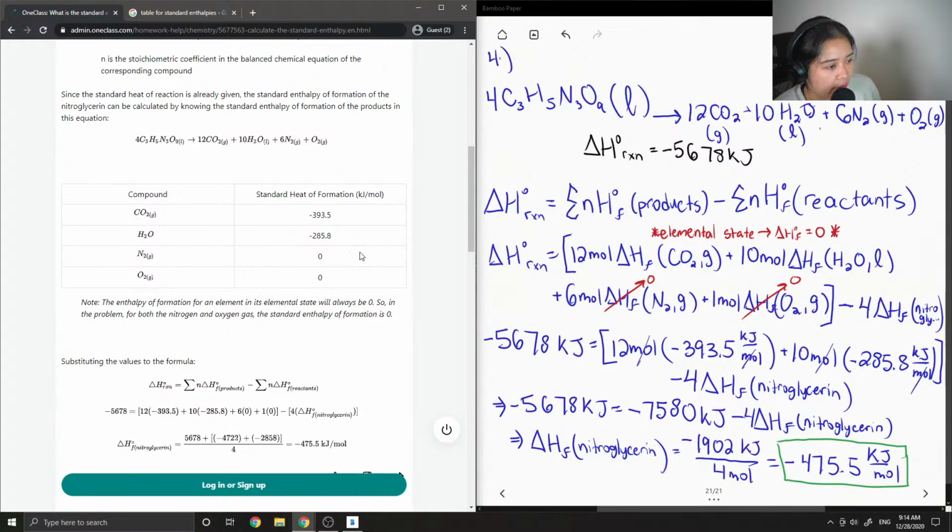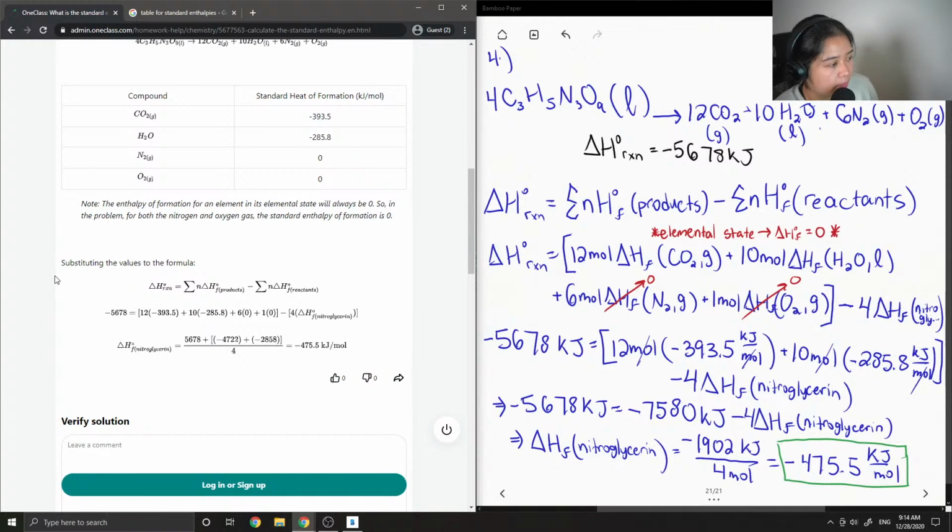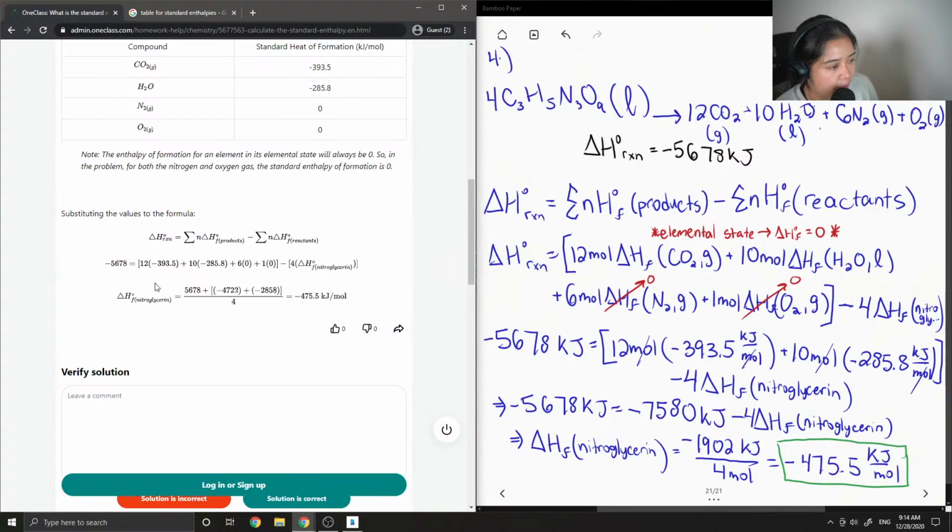Okay, so they showed CO2 and H2O, and then they also showed that the enthalpy of formation for the elements in their elemental state will be 0. And then they substituted the values into the formula and ended up with negative 475.5 kilojoules per mole. Yep, so this solution is correct.